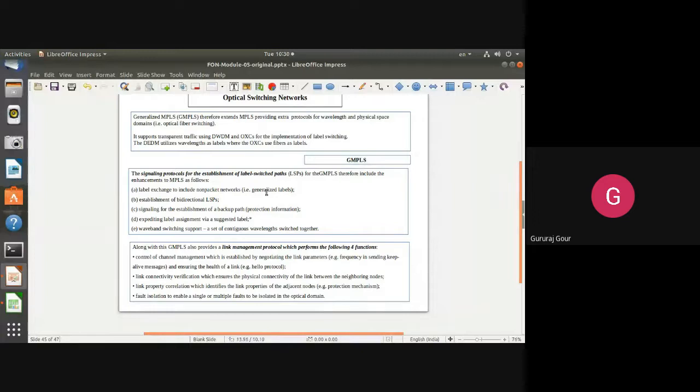So GMPLS provides signaling protocols for the establishment of label switched paths, known as LSPs. The procedure for this is like this.